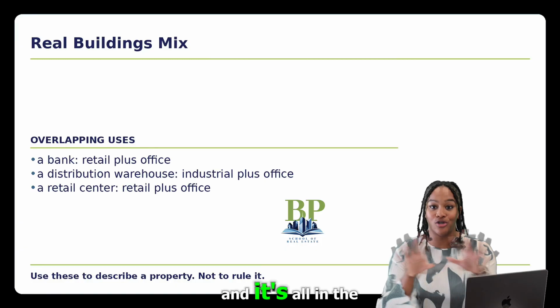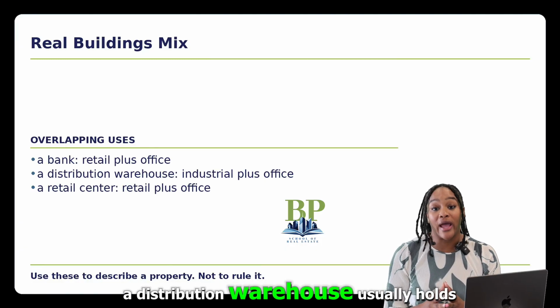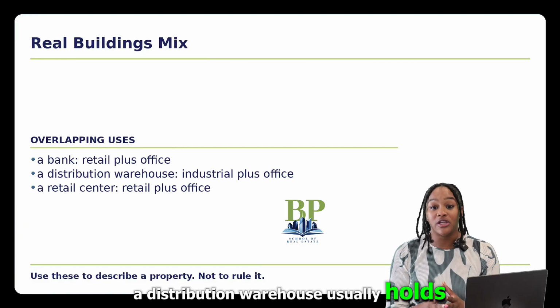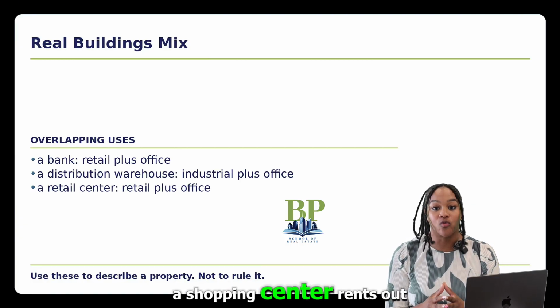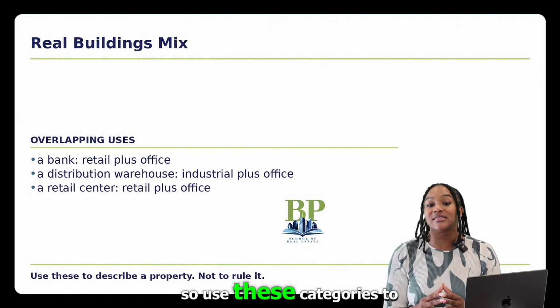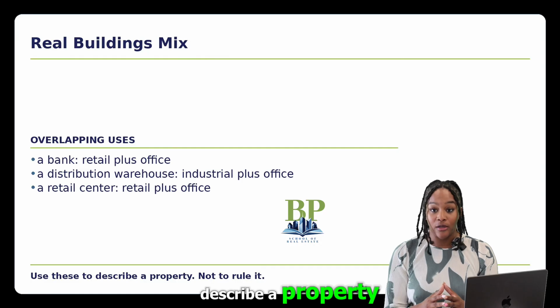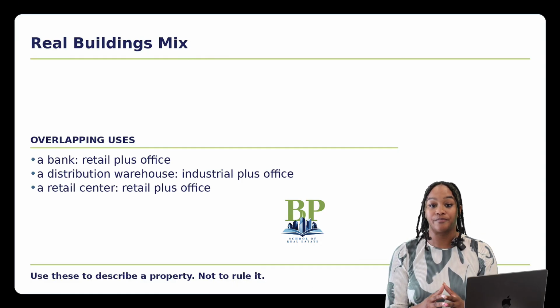And it's all in the same building. A distribution warehouse usually holds an office wing inside of it. A shopping center rents out office space above the stores. So use these categories to describe a property. Don't treat them like rules that a property has to follow.